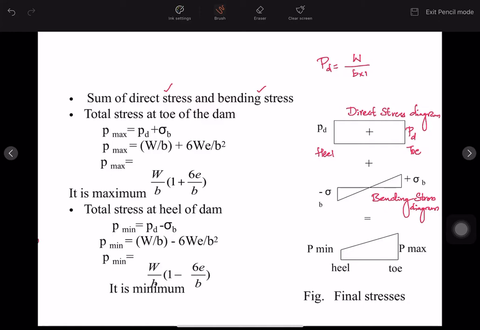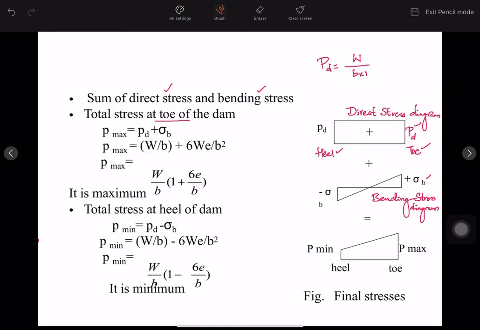So first we'll calculate the total stress at the toe side and then the heel side. So total stress at the toe of the dam, P max equals PD plus sigma B, the combined effect.